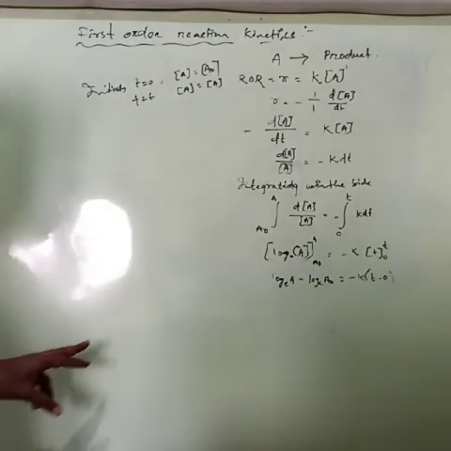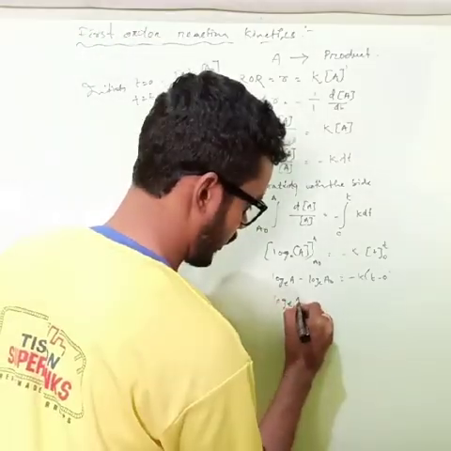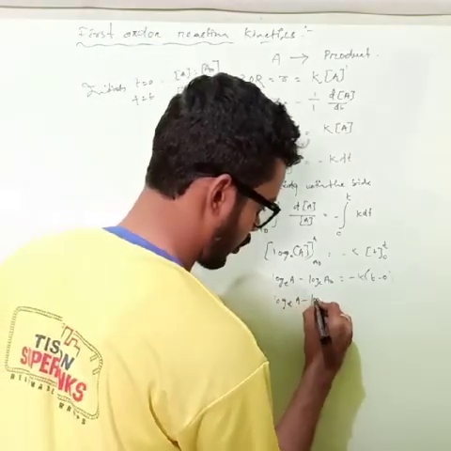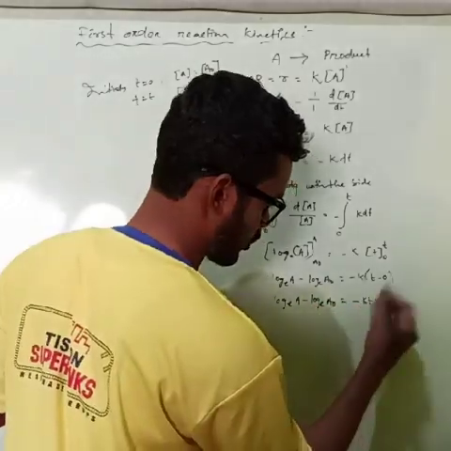So log base e A minus log e A naught equals minus K t.